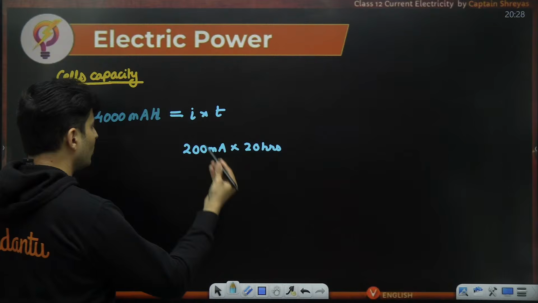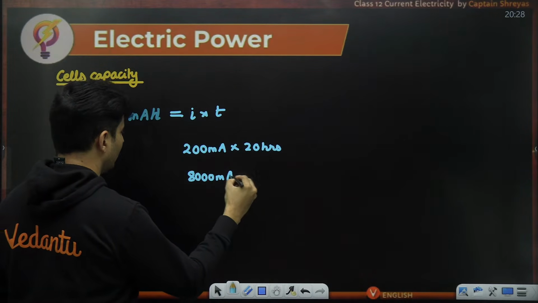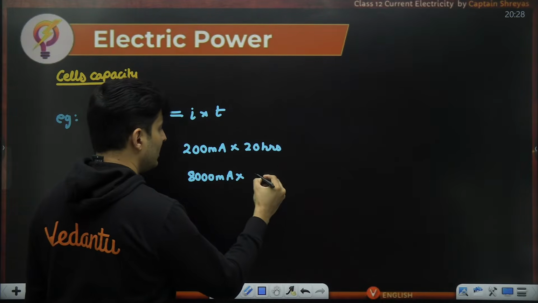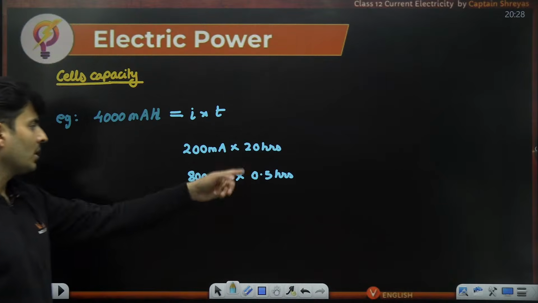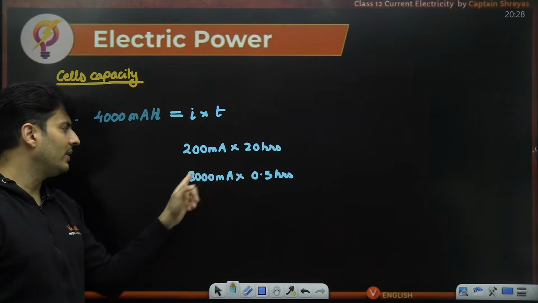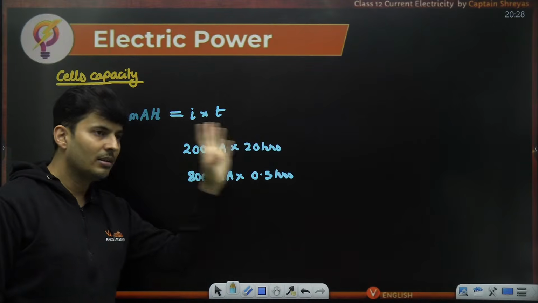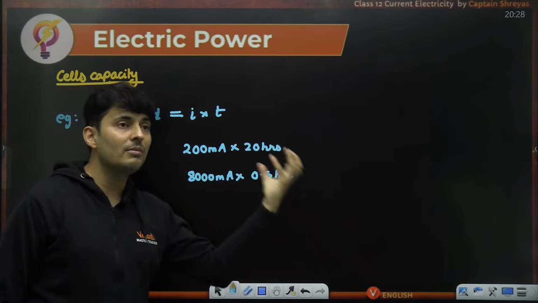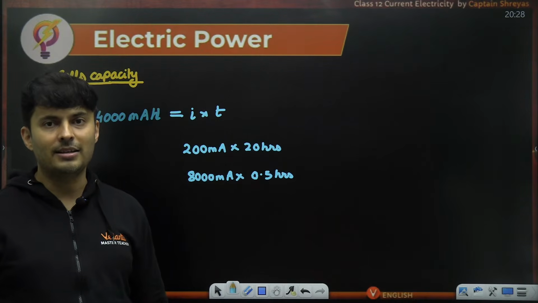Some dude decides, no, I'm going to draw 8000 milliamperes of current. So 8000 will only work for half an hour, basically 0.5 hours, because 0.5 into 8000 will be 4000 mAh, right? So after 0.5 hours, the battery will die out. So this is how battery capacity can be used to calculate how long that battery will last.